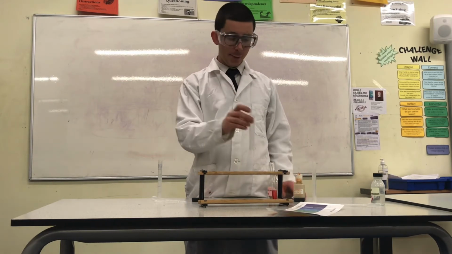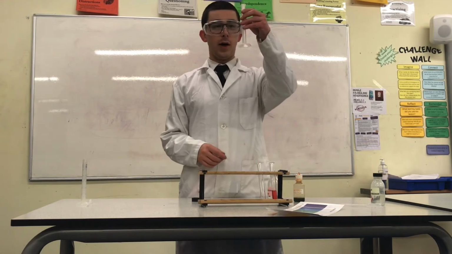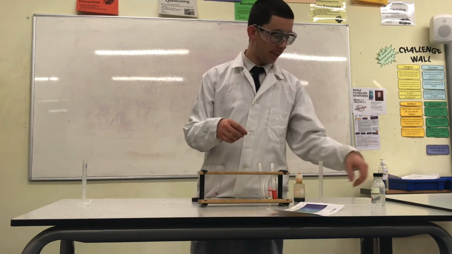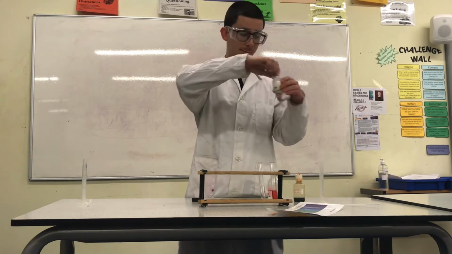Now I will try the same thing with an alkali. So using a clean measuring cylinder and a clean pipette, I will measure 1 centimeter cubed of sodium hydroxide.